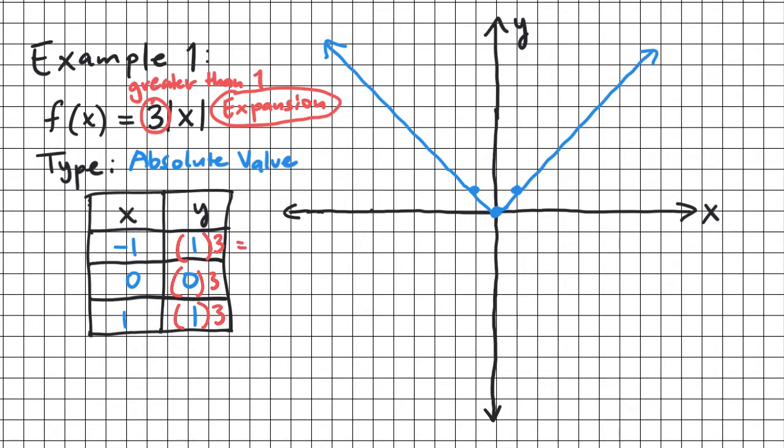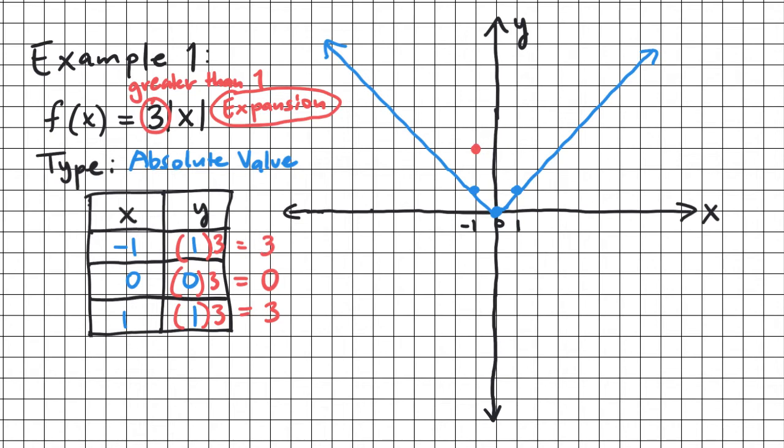That's going to give me positive 3. 3 times 0 is 0, and 3 times 1 is 3. If we plot these points, we're going to plot negative 1, 3. Remember, this is negative 1, this is positive 1, 0. So negative 1, 3 is this way and then up here.